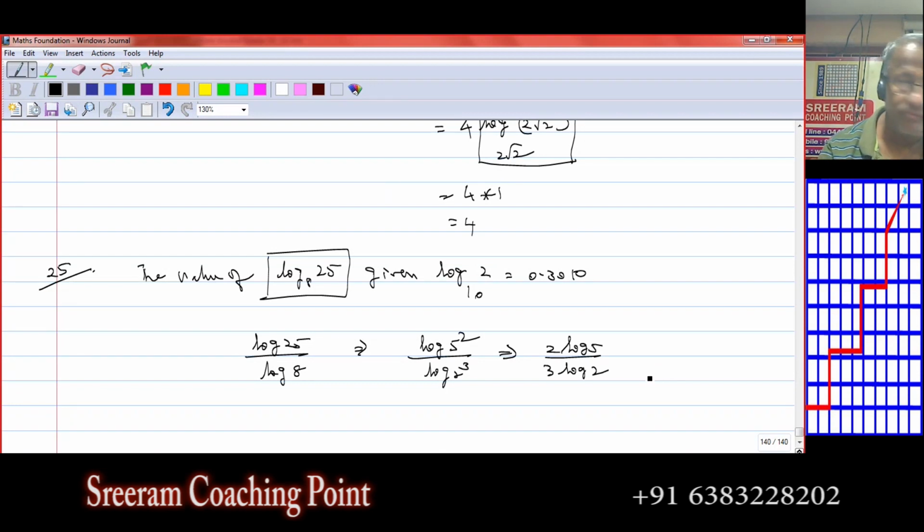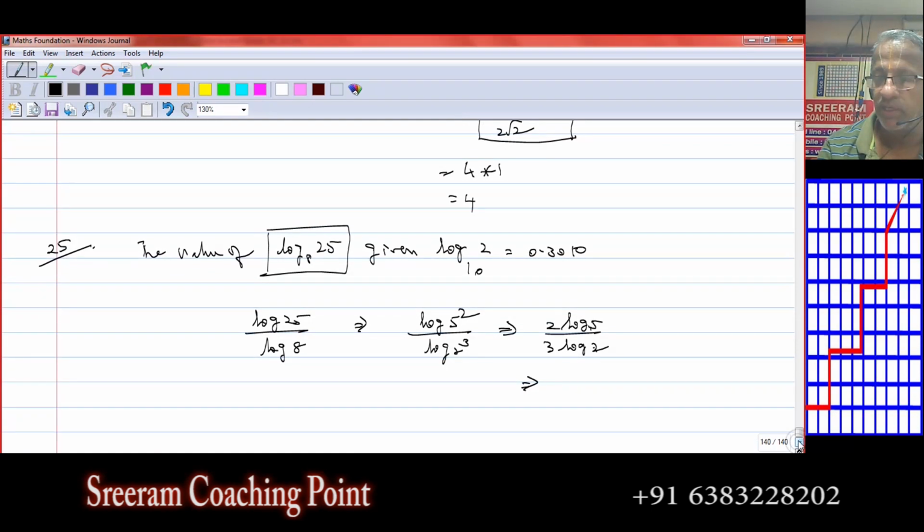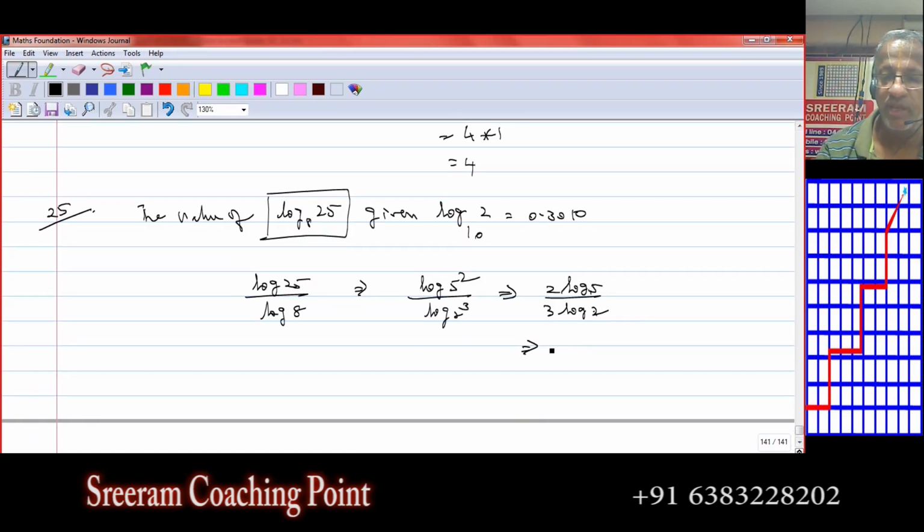Correct. Then the moment you are entering into 5 and the other one being 2, try to introduce 10 into the progress. That is between 5 and 10, I would like to bring out some commonality. That is, I want to bring about something in common. 2 log of 10 by 2, divided by 3 log 2.